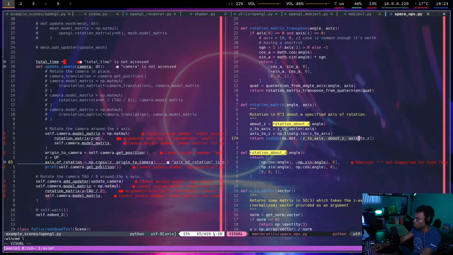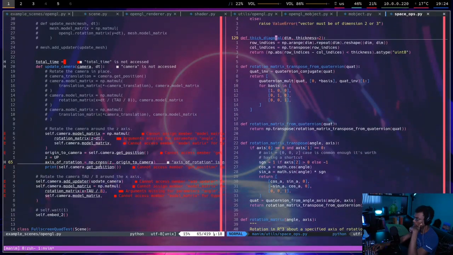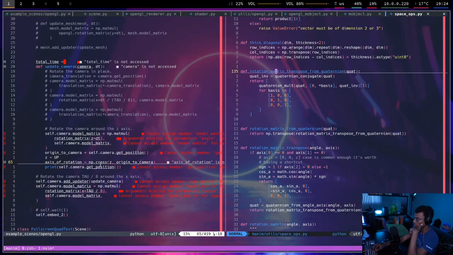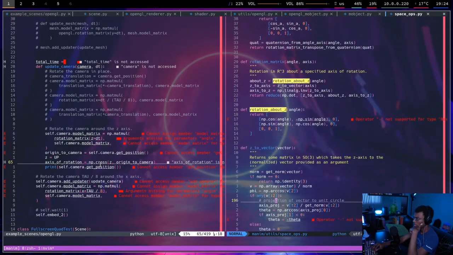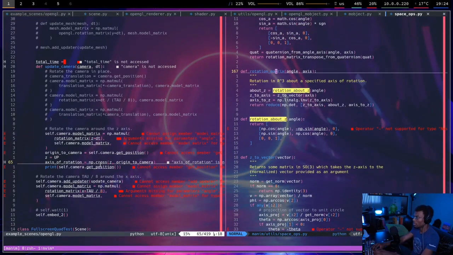Oh, I guess this is how you can matrix multiply a bunch of things. Is this in 3 dimensions? I guess it has to be, since it's adding the extra dimension here. Rotation matrix transpose. Okay, I think I just have to use this.